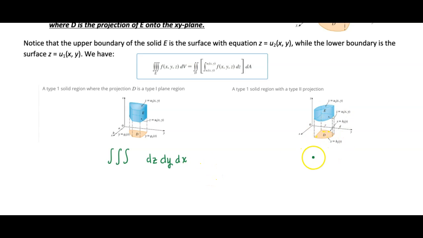In this case, because x is a function of y, we would write that triple integral dz, dx, dy, just keeping the constants on the outside so that we're left with just a constant and not variables.